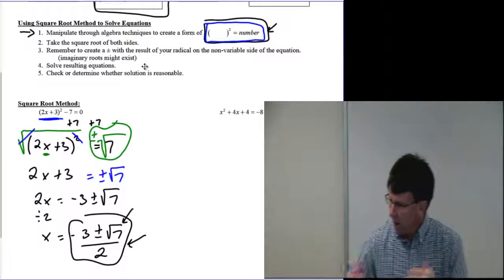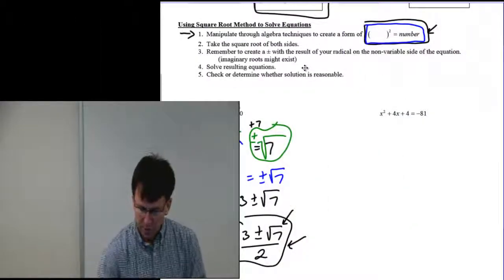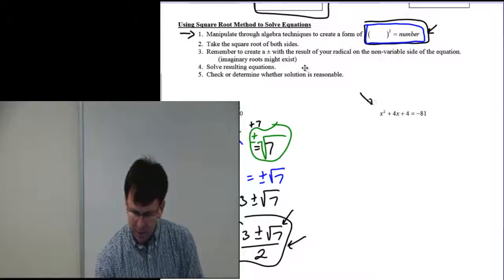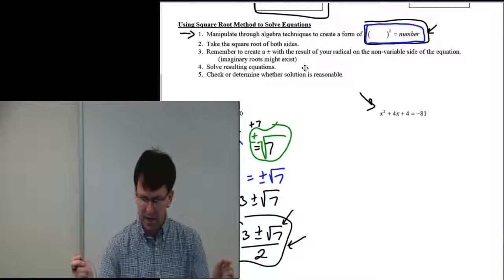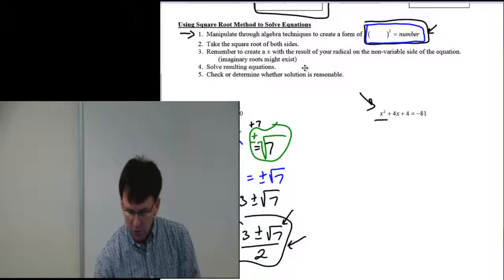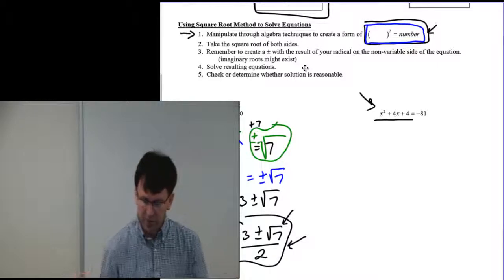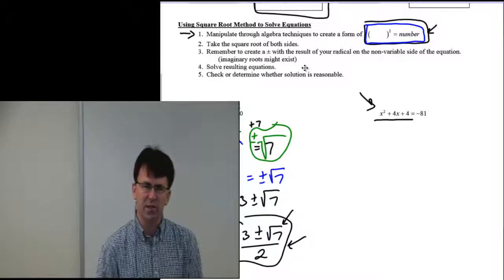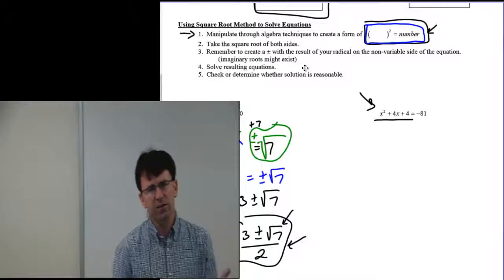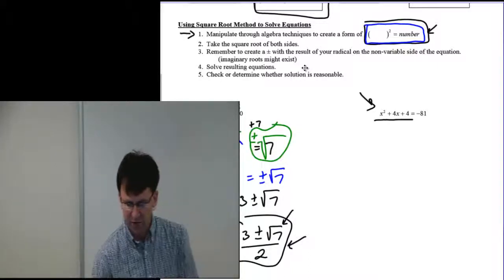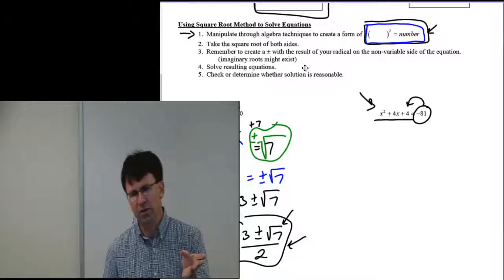Now, another potential view of this same problem could come about in a little bit more expanded form. If you're familiar with fast factoring techniques, you should recognize this as a perfect square trinomial. If you didn't recognize that, you might try to resort to that first technique of trying to solve it by factoring and moving the negative 81 to the other side and hoping you're able to factor it.